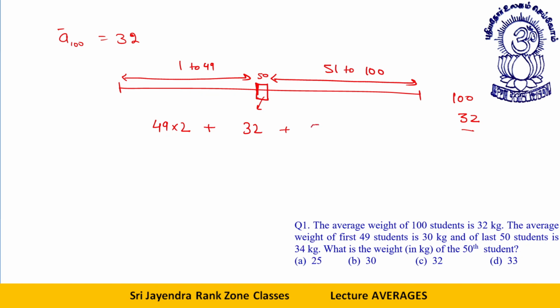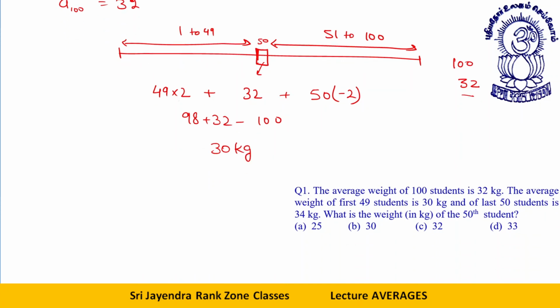For these 50 students, they have an extra weight of 2. So this will give you the answer. 49 into 2, 98, plus 32 minus 100, that will give me 30 kg.